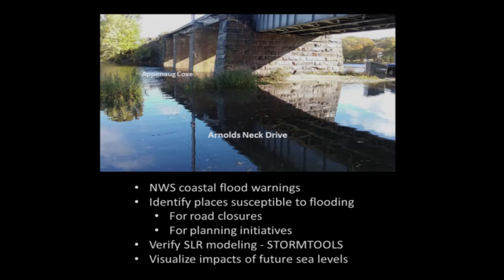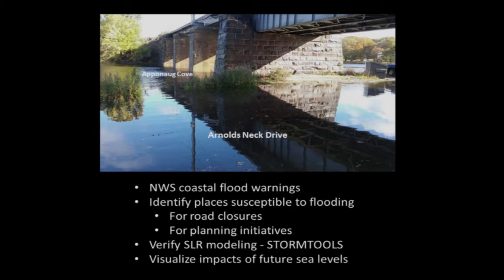So we'll see. And just to show you how we are using this, as I said before, the National Weather Service has used these to look at their coastal warning system, but then municipalities can use them to identify places that are susceptible to flooding and do immediate road closures or look at long-term planning.